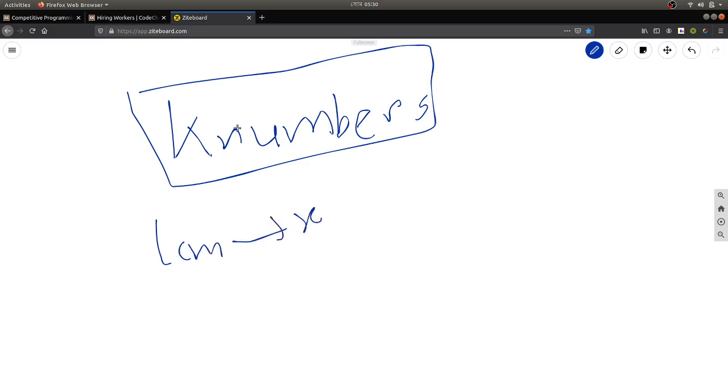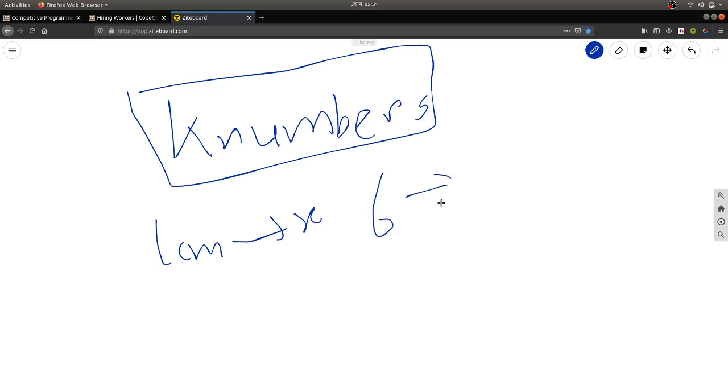Now you have to choose these k numbers in a way that their summation is as minimum as possible. Suppose you are given 6, and 6 is the LCM.